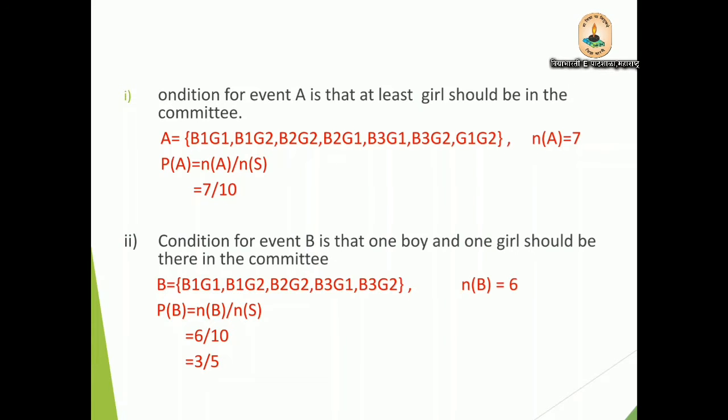Hence probability of B equal to n of B upon n of S. That is equal to 6 upon 10. Dividing by 2, we get 3 upon 5. Thus probability of B equal to 3 upon 5.